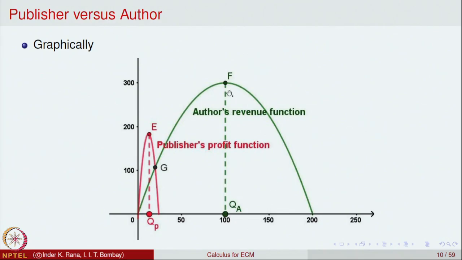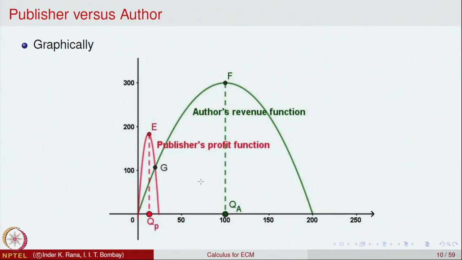That maximizes at the point of 100. So, when 100 books are sold, the author's royalty is maximum, and when it is only 13, then the publisher's profit is maximum.